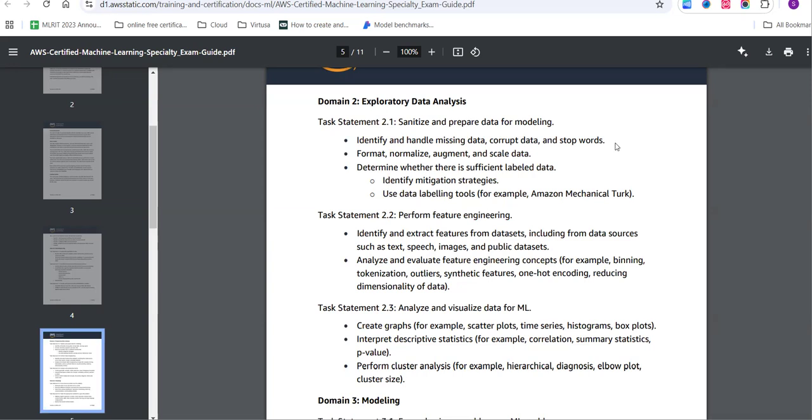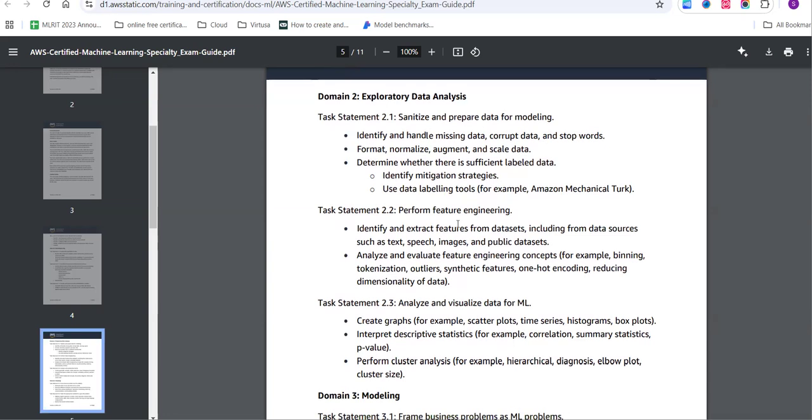Like we need to fill the missing data or we need to handle the corrupted data. So those things we need to handle by formatting, normalization, and augment and scale data. These are the things that we need to perform before passing the data into our model.